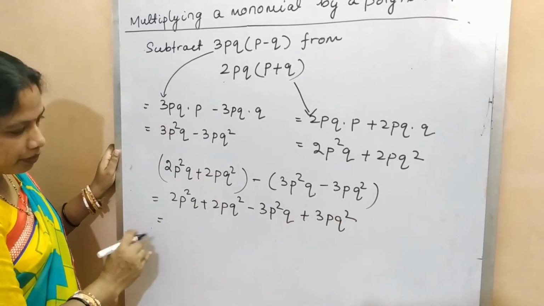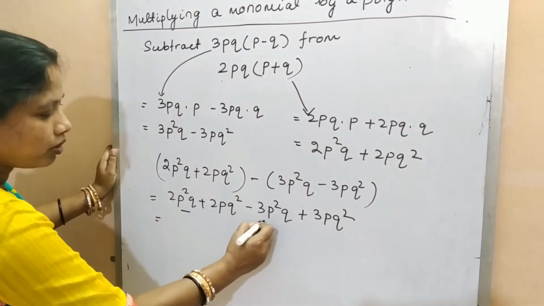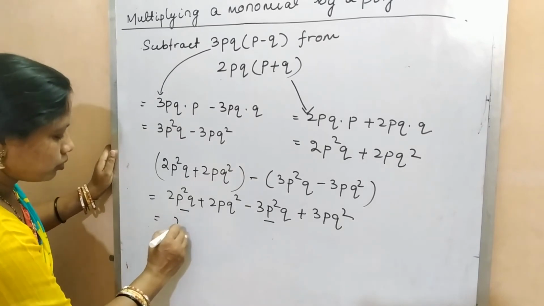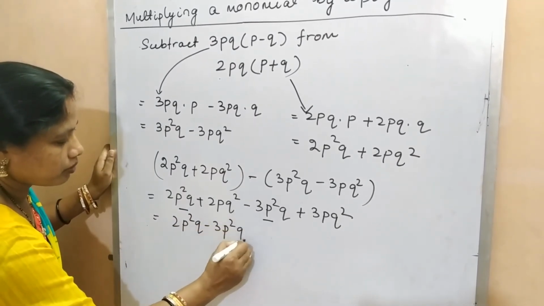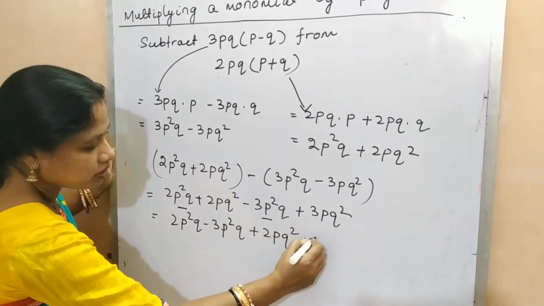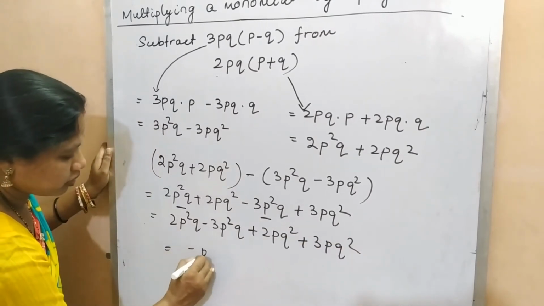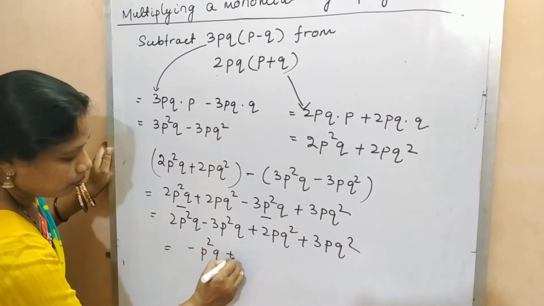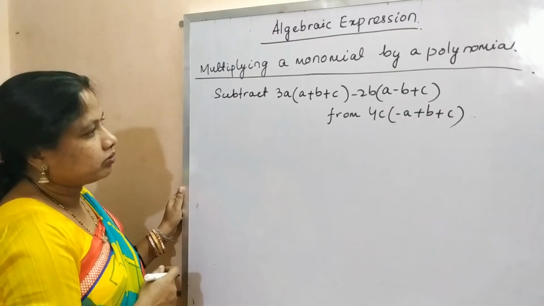So we have to add or subtract the like terms: 2p square q minus 3p square q, plus 2pq square plus 3pq square. So this is equal to minus p square q plus 5pq square. So this is the answer.